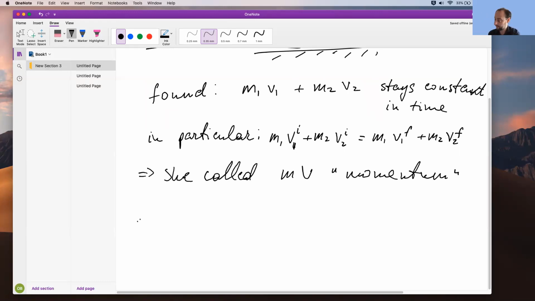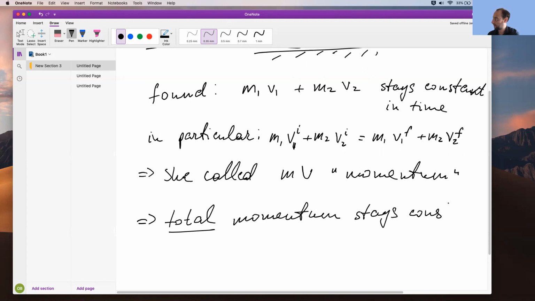Total momentum stays constant in time, or conserved.